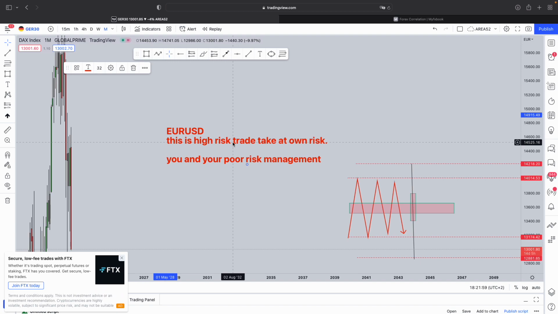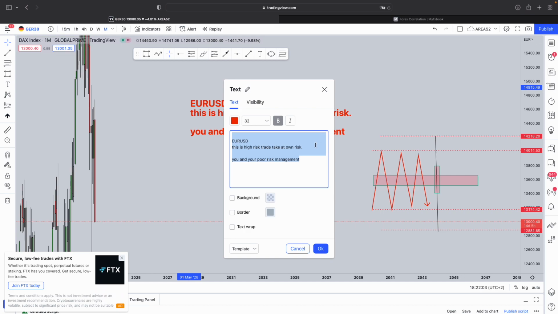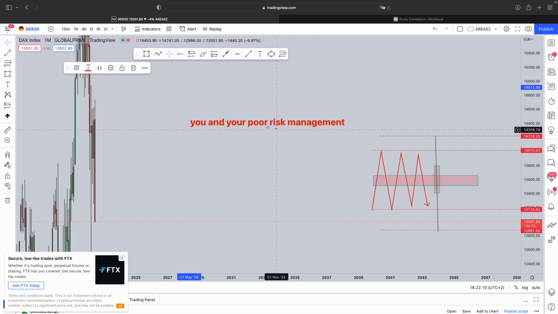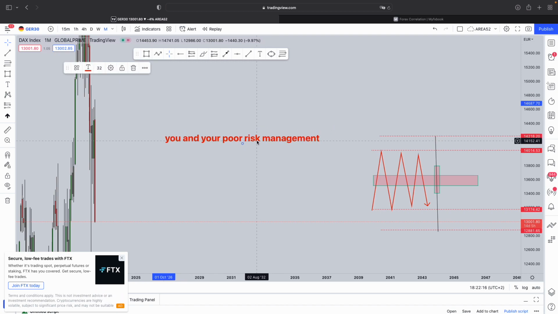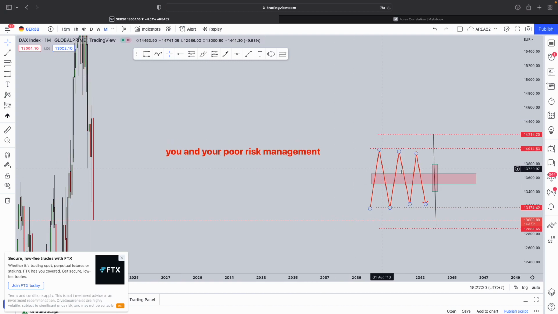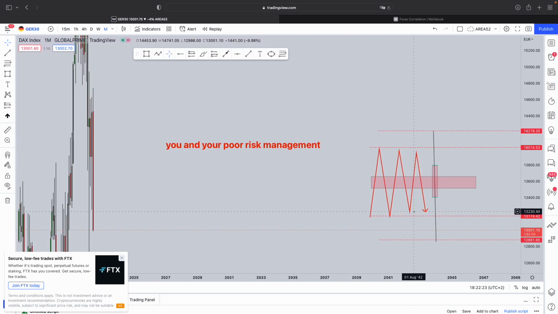So next up, we are going to be speaking about the individual itself. Now, when I talk about poor risk management from the person who takes the trade, it's almost like the interest rate decision we had yesterday, which I also forecasted 100%, and I was very pleased with the outcome on that as well.